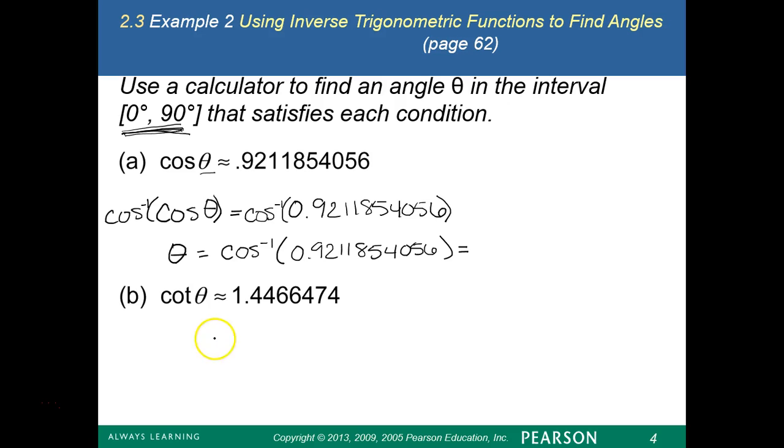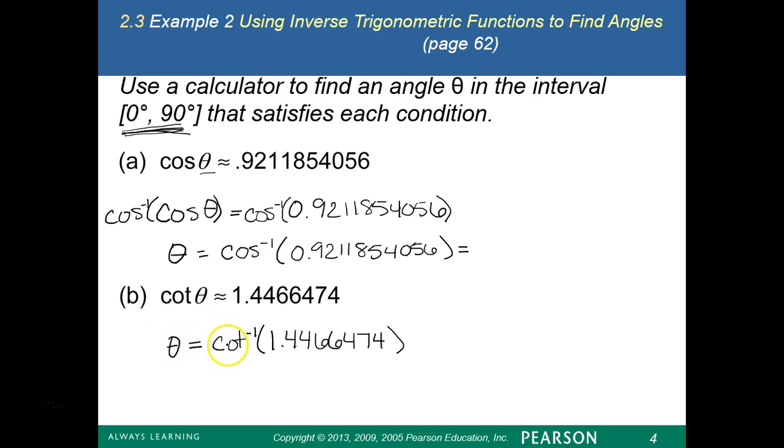Before we plug that into our calculator, let's do this one, cotangent. Instead of doing this step right here, you can go straight to this one. Just say angle theta, it's not reference angle. Angle theta is equal to the cotangent inverse of 1.446647.